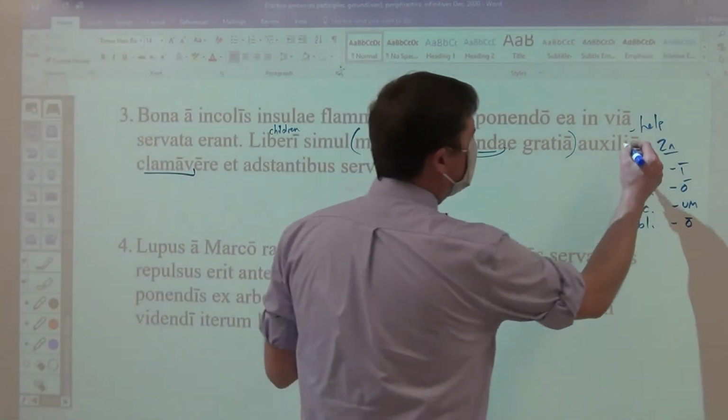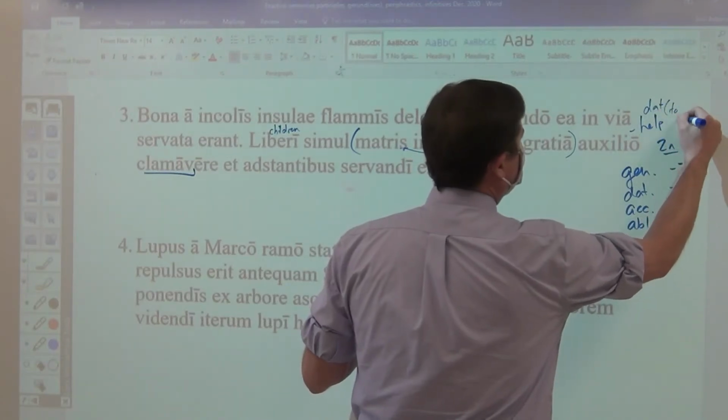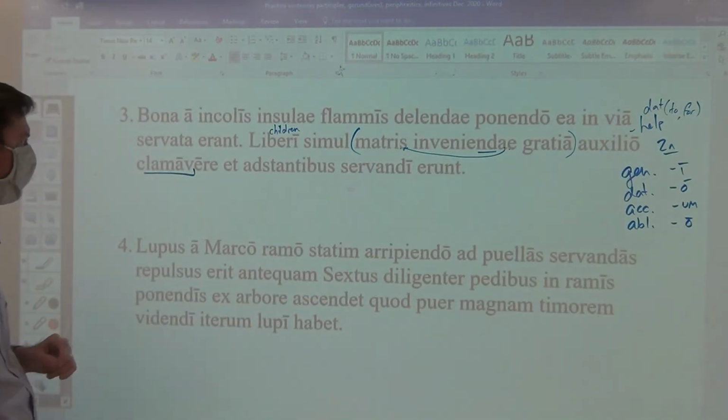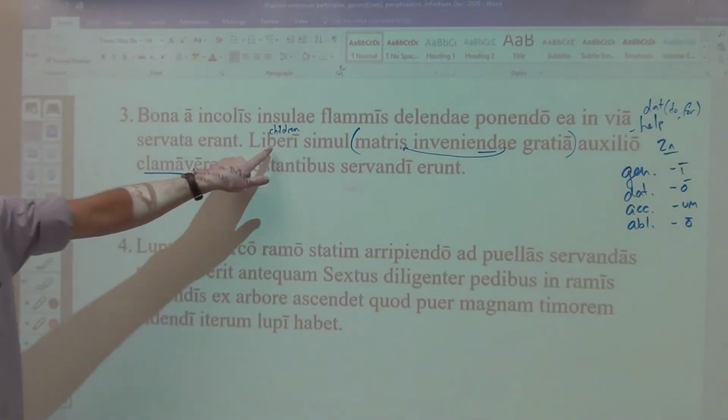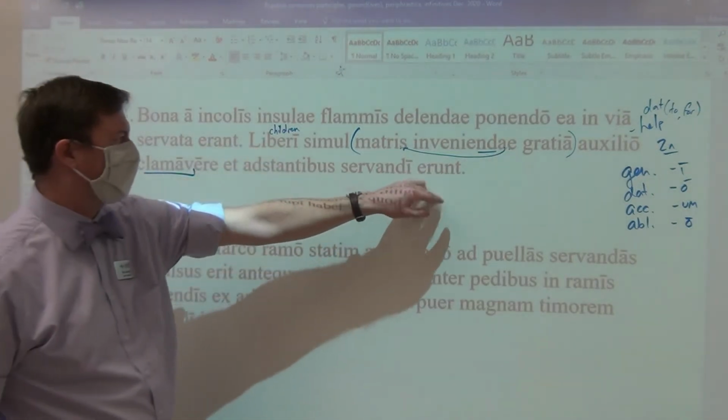And then this, I will go ahead and tell you, is dative. And remember, datives are translated to or for. I would go with the second one, for. Et, so not only the liberi clamavere, but also the liberi servandi erunt.